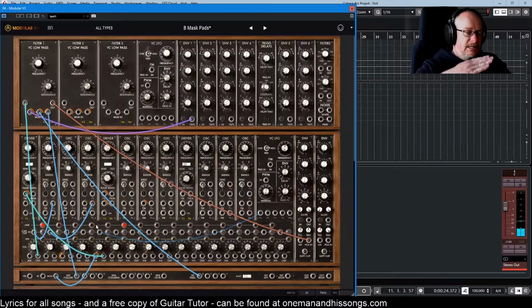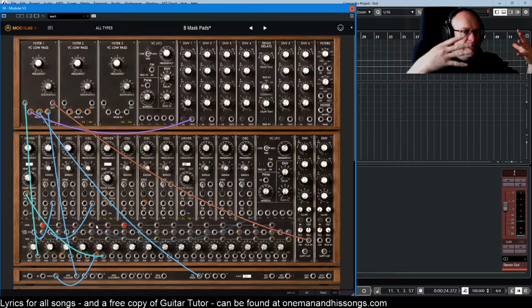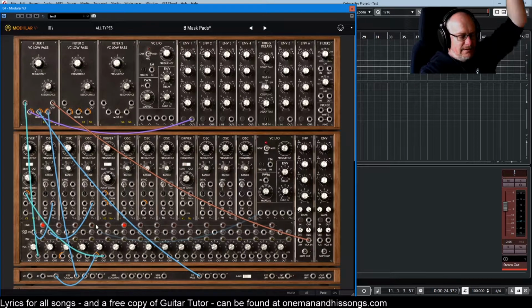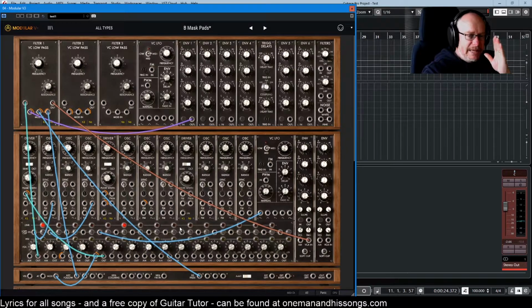So that's the amount by which the frequency of the main driver is being varied. But the LFO itself is controlling the speed. The speed doesn't change. If you wanted to change the speed of the LFO, you'd be dealing with this frequency modulation here. That's a different thing. Okay.